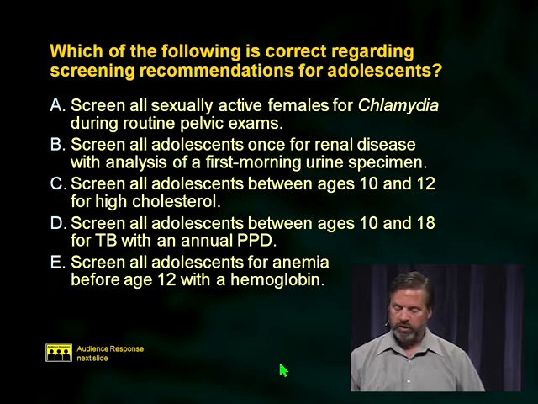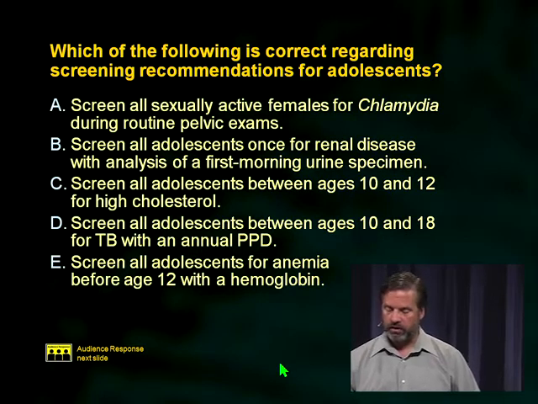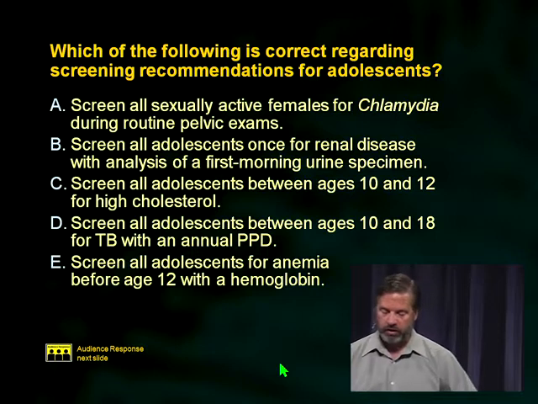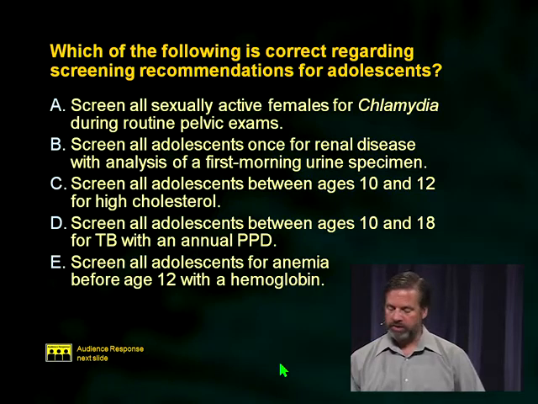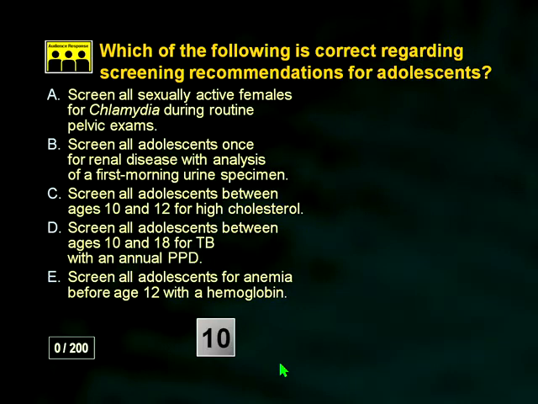B, screen all adolescents once for renal disease with analysis of a first morning urine specimen. C, screen all adolescents between ages 10 and 12 for high cholesterol. D, screen all adolescents between ages 10 and 18 for TB with an annual PPD. Or E, screen all adolescents for anemia before age 12 with a hemoglobin. So go ahead and grab your box and answer that question.